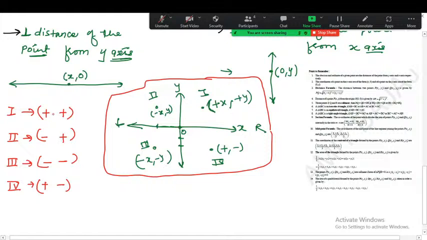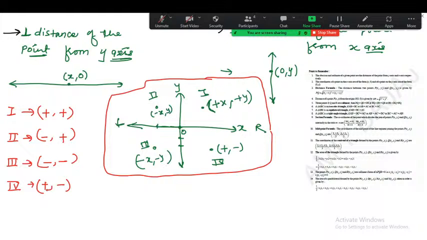In this bracket, there is a comma because these are two coordinates, the x coordinate and the y coordinate. That means by just observing the coordinates, we can answer whether the point is in the first quadrant, the second quadrant, the third quadrant, the fourth quadrant, on the x-axis, or on the y-axis.